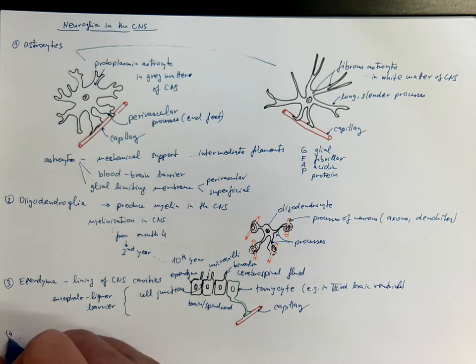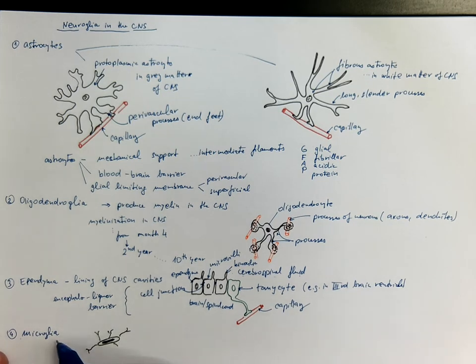The fourth type would be microglia cells. Microglia occur usually in the resting form as quite inconspicuous cells with long nuclei with some slender processes. Microglia do not originate from the nervous system.